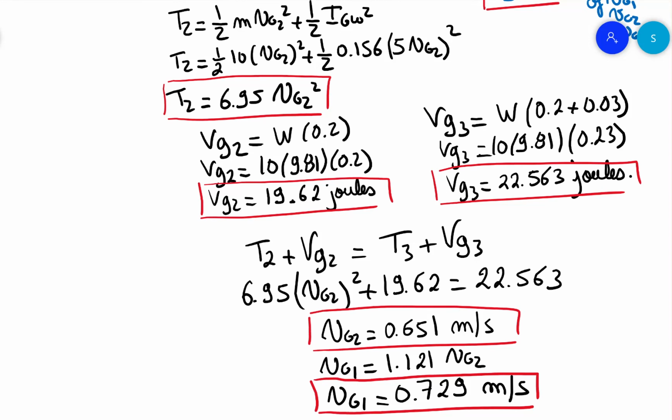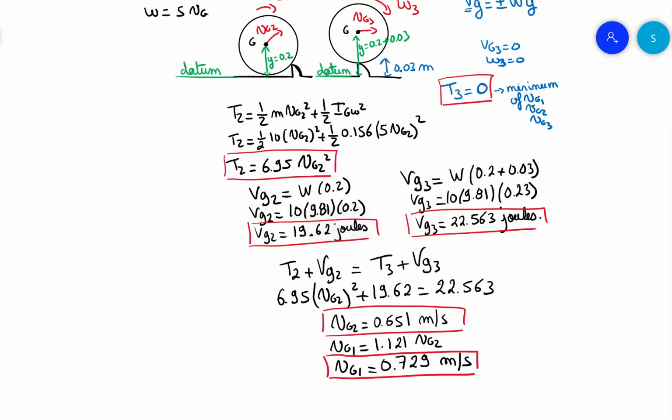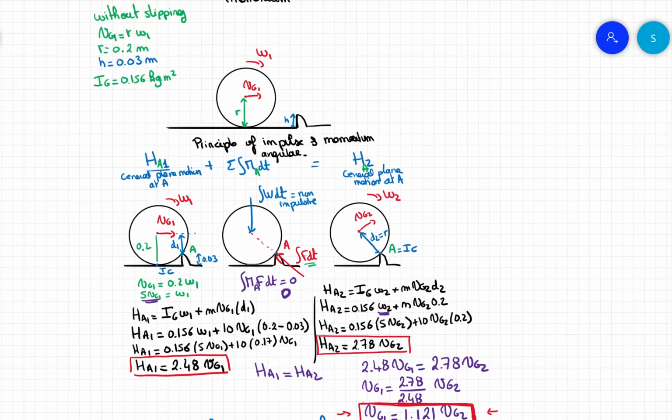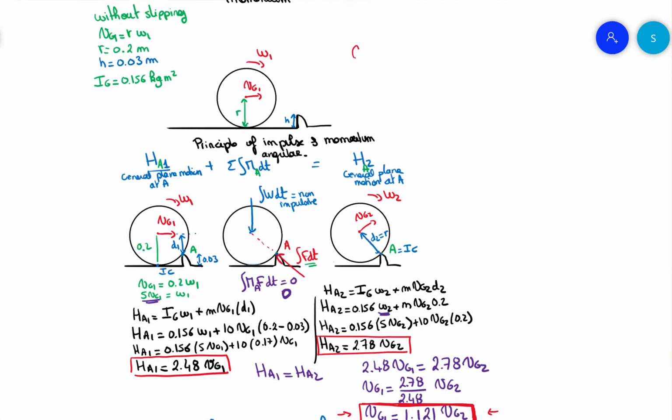There we go. So that means that to roll over the little obstruction, this Vg1 should be 0.729 meter per second or more, and your wheel will be strong enough to roll over the obstruction.